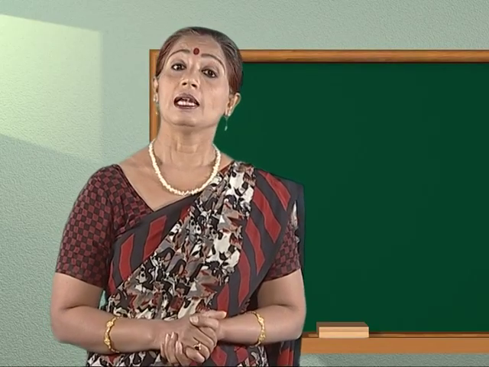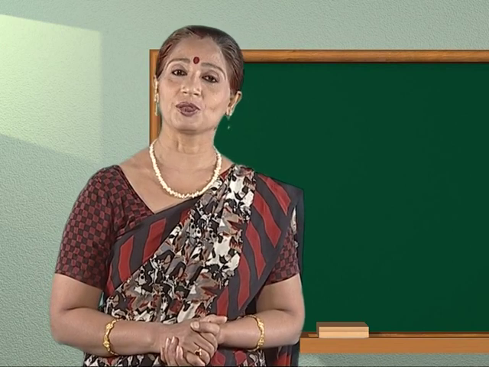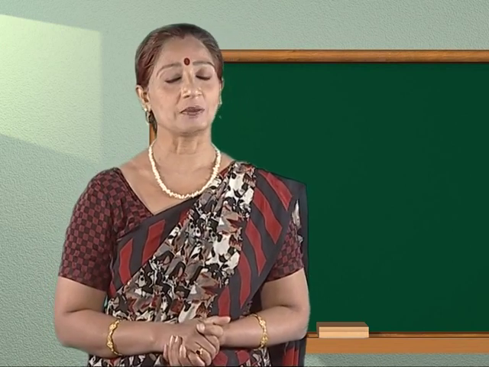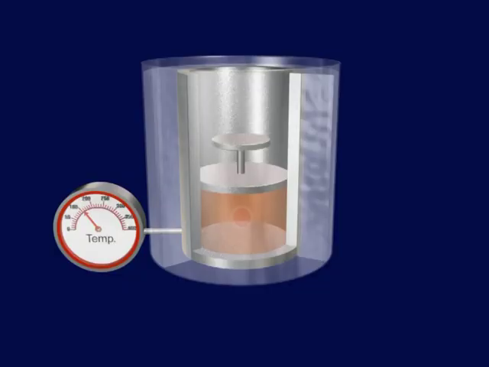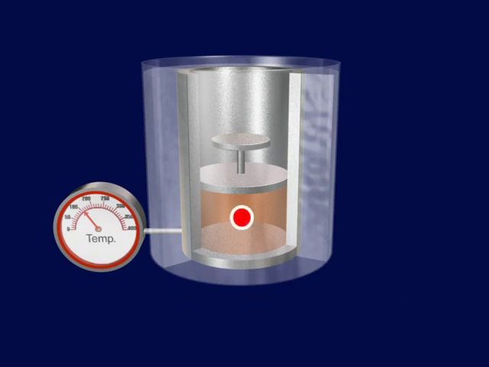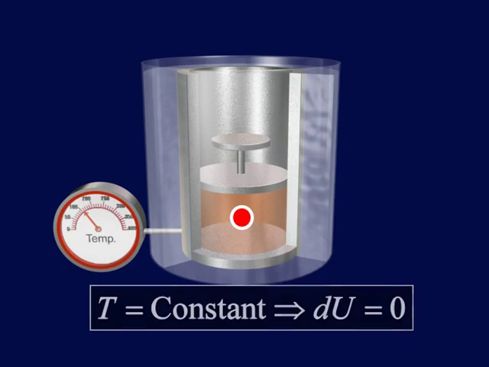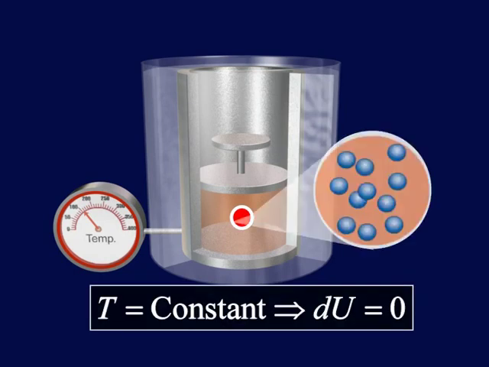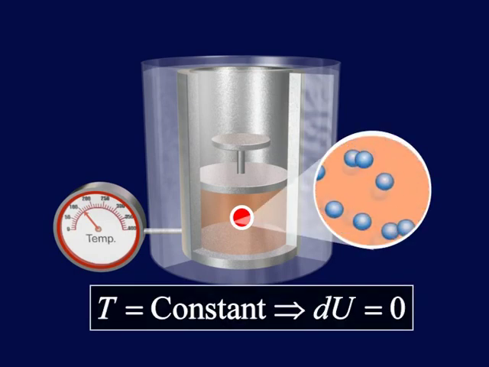And now, let me show and remind you of some thermodynamic processes. In an isothermal process, temperature remains constant. For a system of ideal gas whose internal energy U depends only on temperature, the internal energy will remain constant.